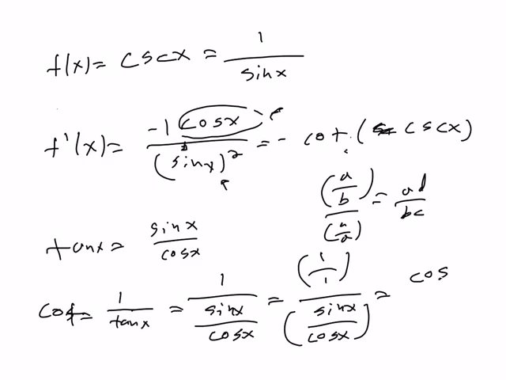This becomes cosine x over sine x. So cotangent is the same as cosine x over sine x. Okay, so the other proofs do the same thing.